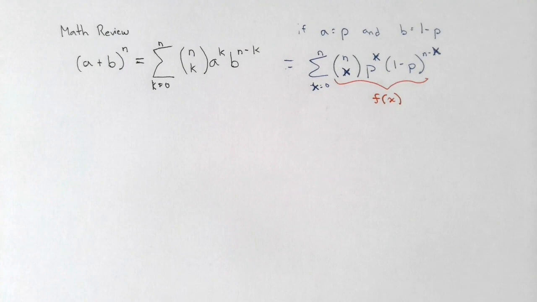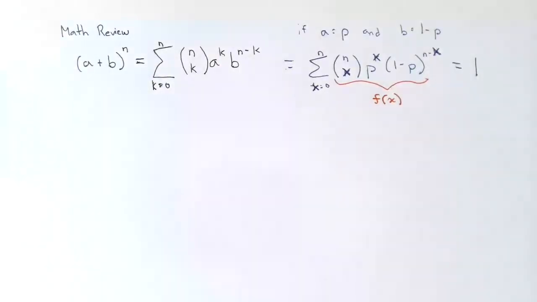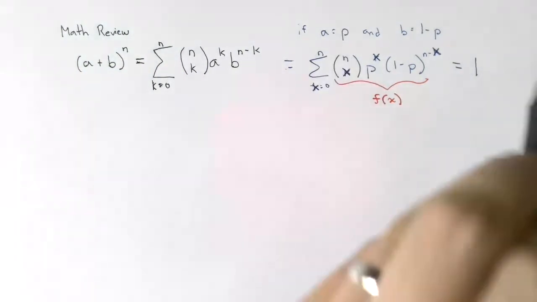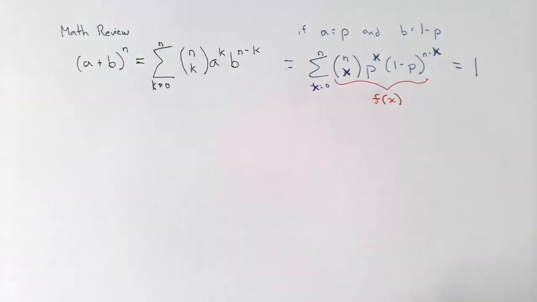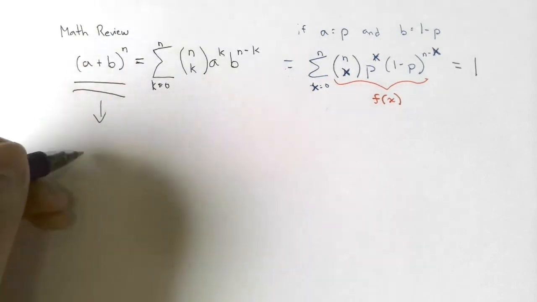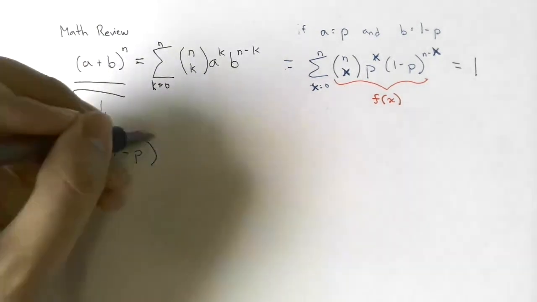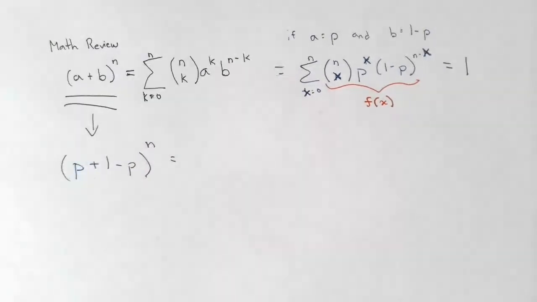It should equal 1, right? Now, here's the question. If A equals P and B equals 1 minus P, what does the left side of the equation become?